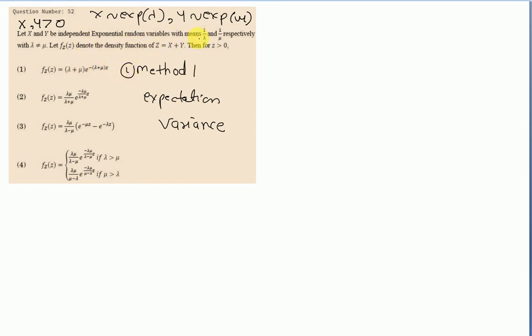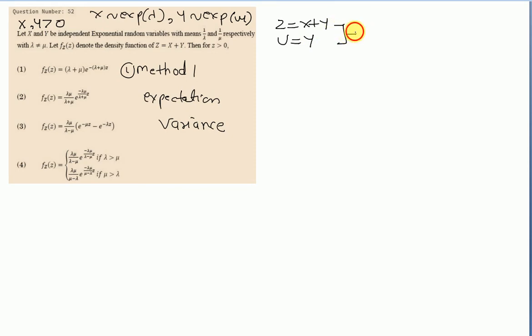And how will we do it? See, you know the transformation method. So let us suppose Z equals X plus Y and U equals this Y. Then how can we write it?